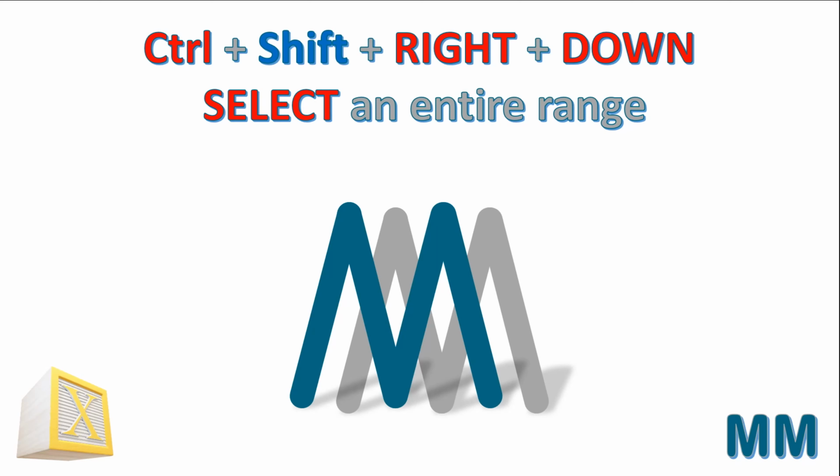It can bring a dramatic plus in your efficiency, in your productivity. So again, in the practical application we will see that, but keep that shortcut Ctrl Shift right down arrows in your mind, because that's one of the key shortcuts, I would say, for Excel.